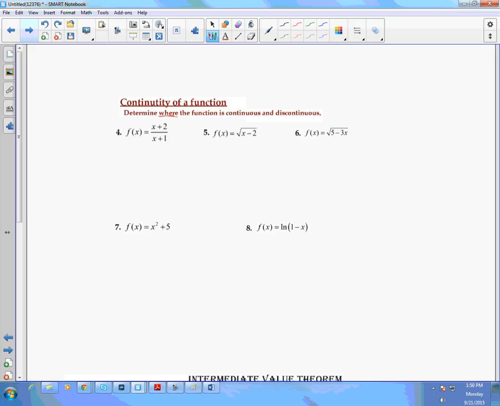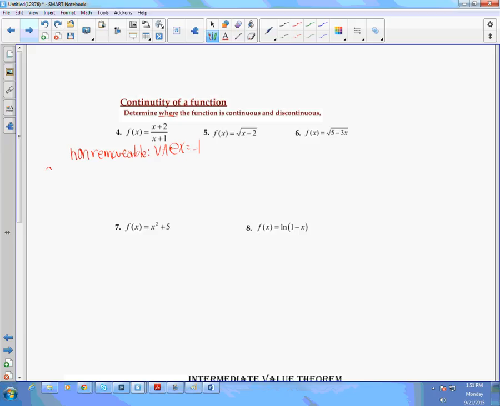Okay, Christine, what do you think? Okay, because it's not removable, right? So we have a non-removable discontinuity, which creates, what is it if it's not removable? A vertical asymptote at x equals -1.